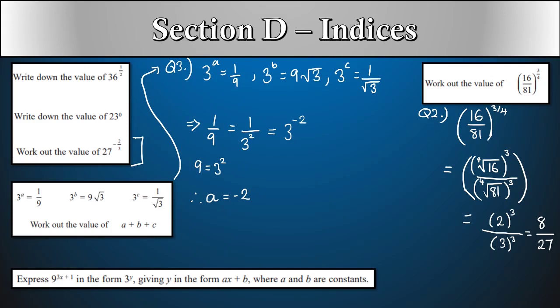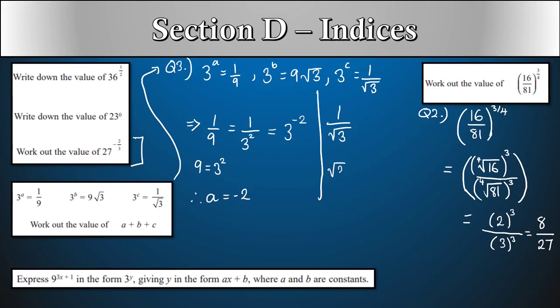So now, again, let's work out, I think probably the next easiest one is c. So if we work out c then, again, consider the right hand side. So I've got 1 over the square root of 3. The fact that this is a 1 over again suggests to me that the power is going to be negative. All I need to do first is consider this root 3. So remember what we just said.